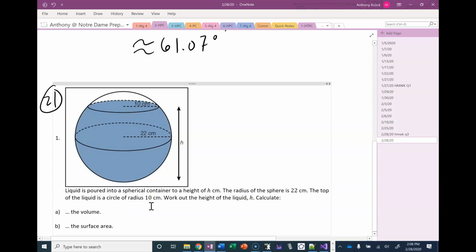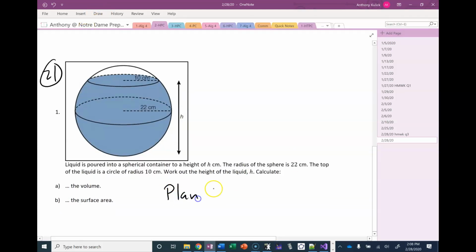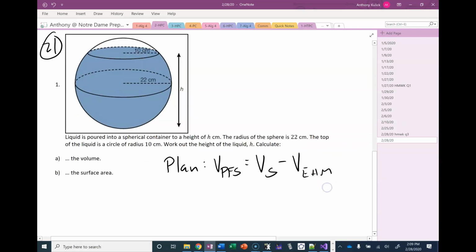Okay. So here's my plan. The volume of the partially filled sphere is going to equal the volume of the sphere minus the empty hemisphere. Is that okay with that idea, Ella? Okay. So the volume of the sphere is 4/3 pi r cubed.